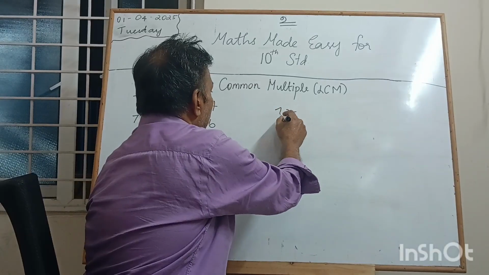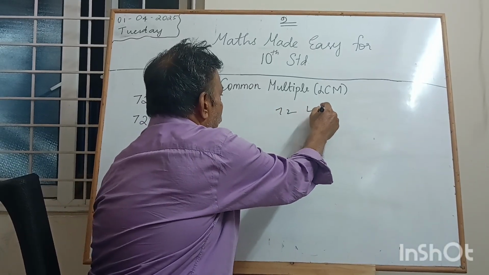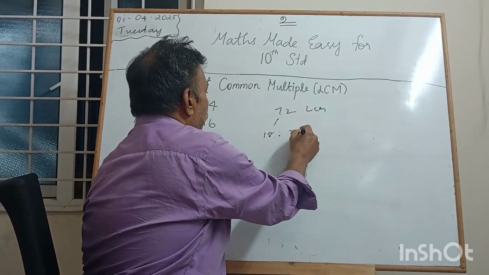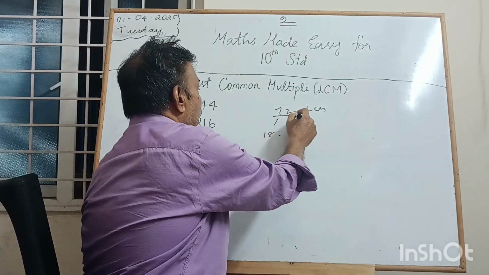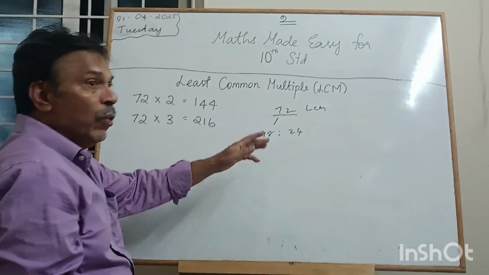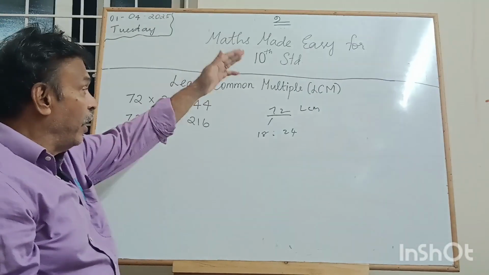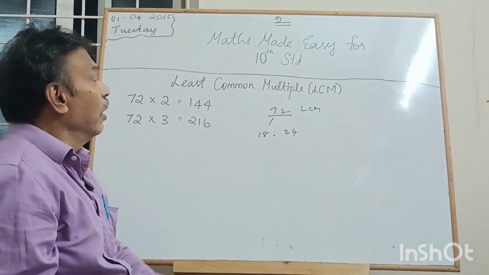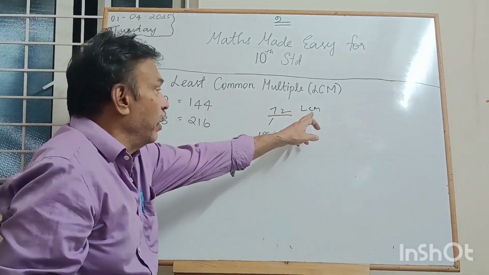72 is the LCM of 18 and 24, and I said this is the least common multiple. That is, no number lesser than 72 can be divided by these two numbers. That is why it is called least common multiplier.